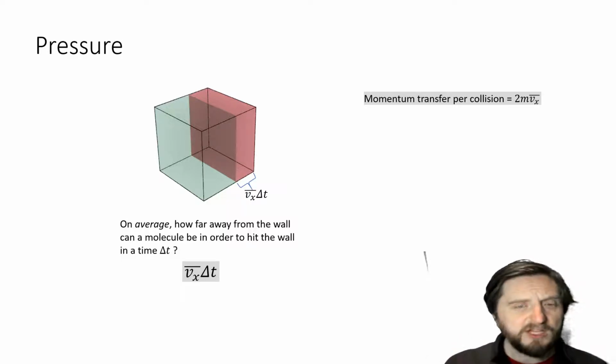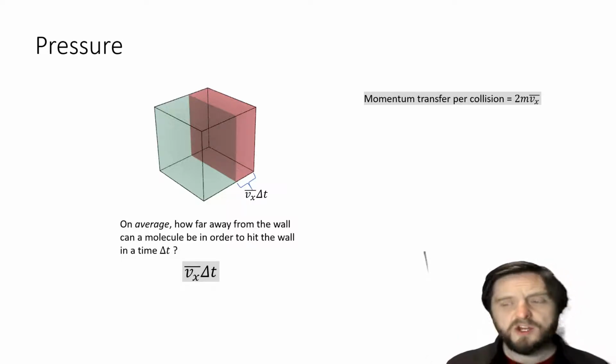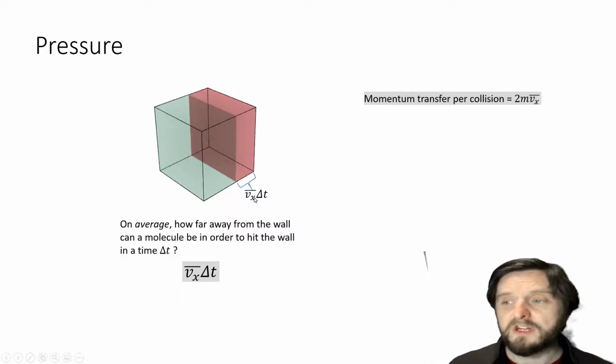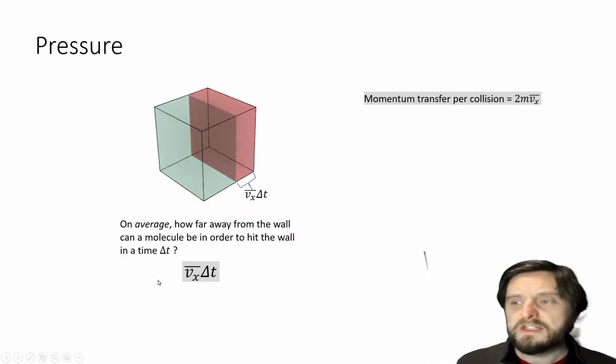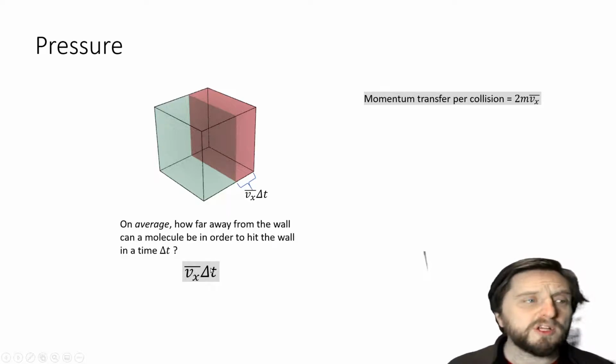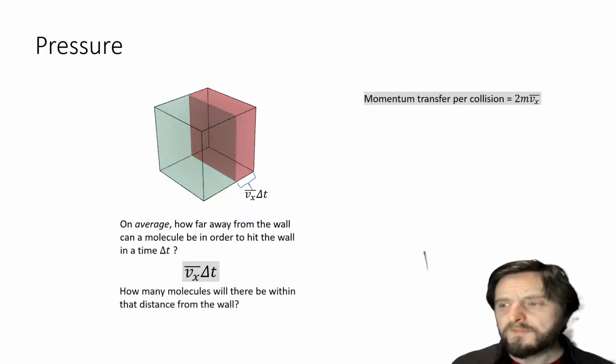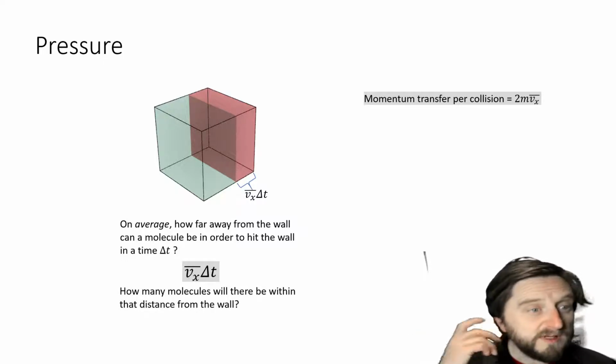We're going to measure the number of collisions in this time delta t. Only molecules that are in this little slice are going to reach there at that time if we assume they're all traveling at the average velocity. So this is how far away a molecule has to be in order to hit that wall in that time. So how many molecules will there be in that time?